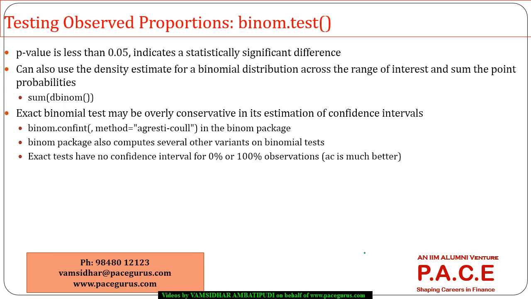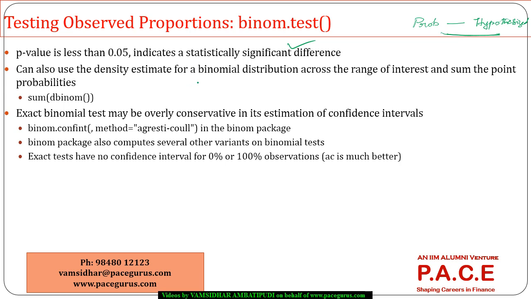So a p-value less than 0.05 itself means the differences are statistically significant. Whatever the actual probabilities we have got, they are different from the probability we have hypothesized. 50% is what we have hypothesized. So is it completely different from that, or is it more or less uniform?